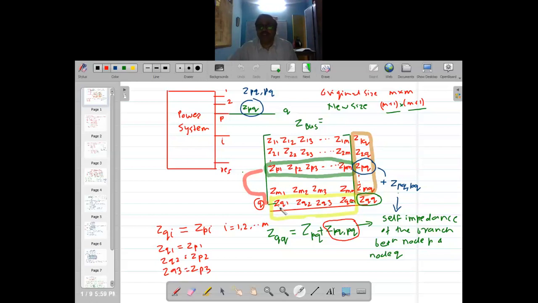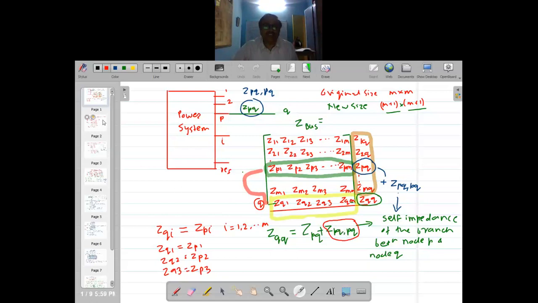So ZQ1 is equal to Z1Q, ZQ2 is equal to Z2Q, and in this way. And ZQQ will be ZPQ, which is this element, plus ZPQPQ. What is ZPQPQ? It is the self impedance of this branch.